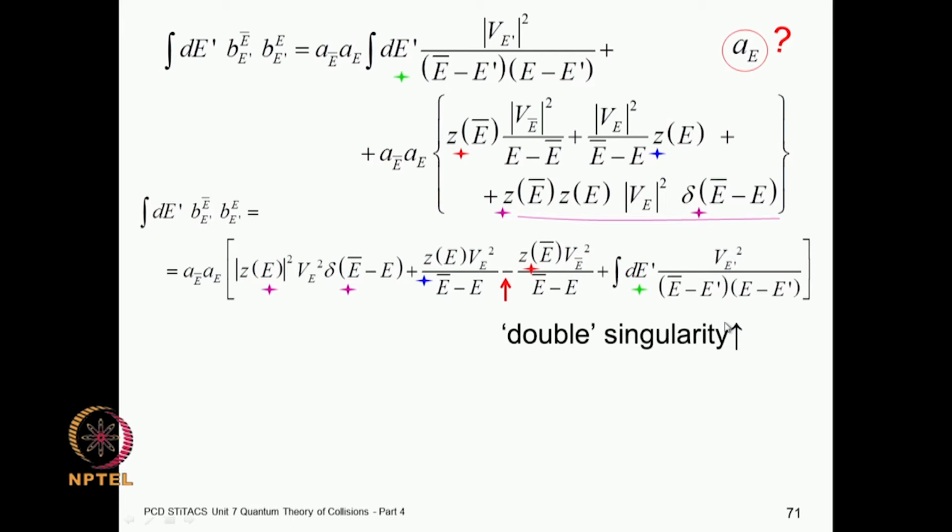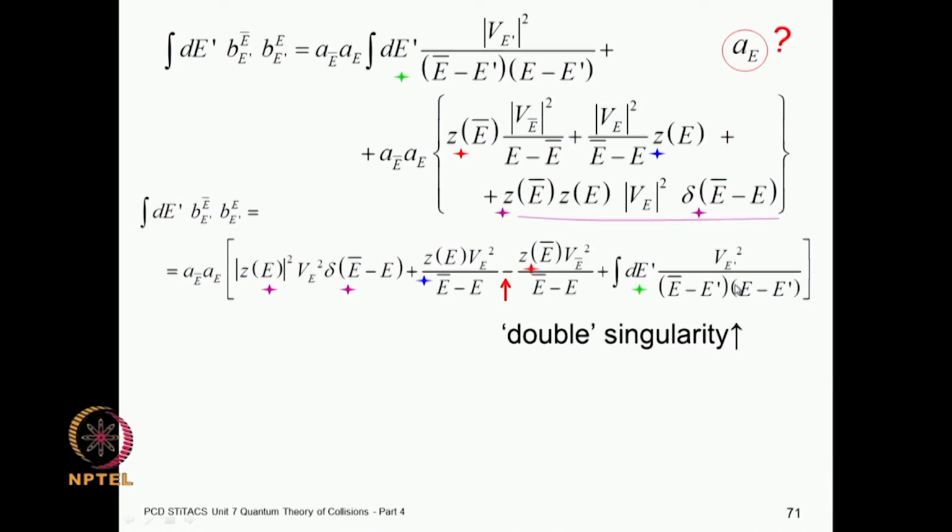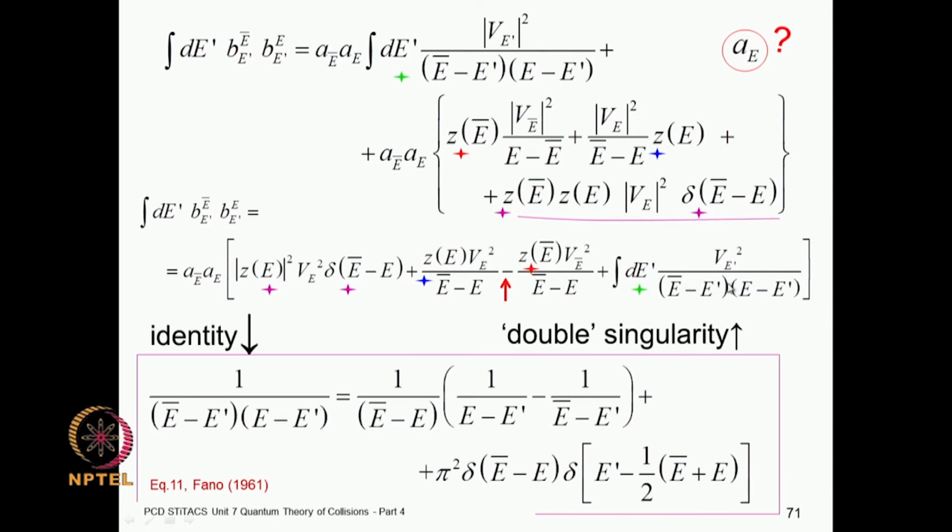Okay. So, what do we do? We use an identity which is well known in mathematics. When you have a double singularity of this kind, you use this identity, which lets you take advantage of the Dirac delta integrations. I will not prove this identity, I will use it.